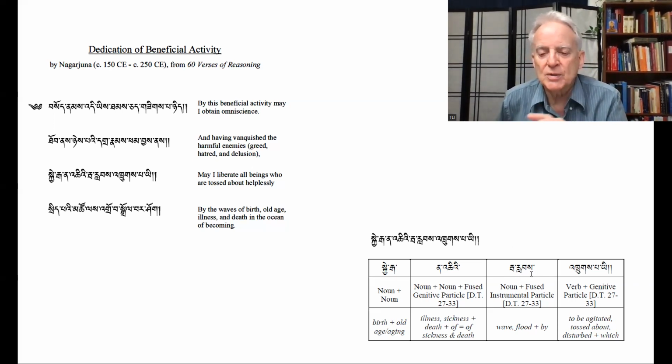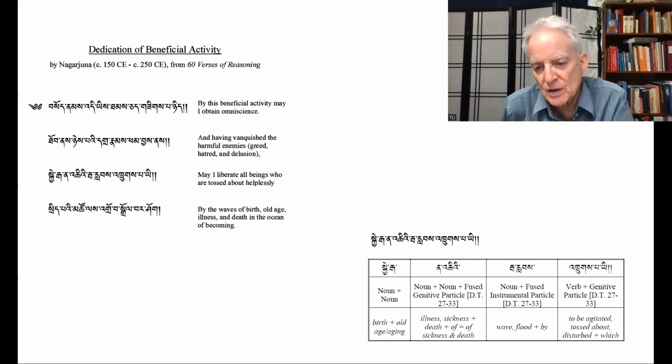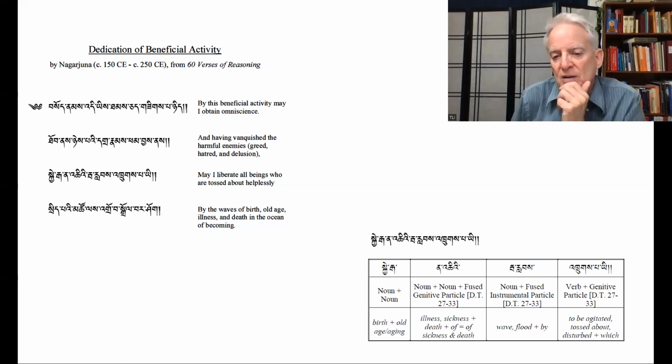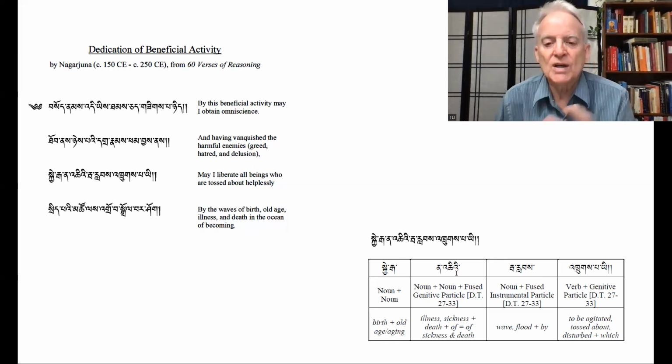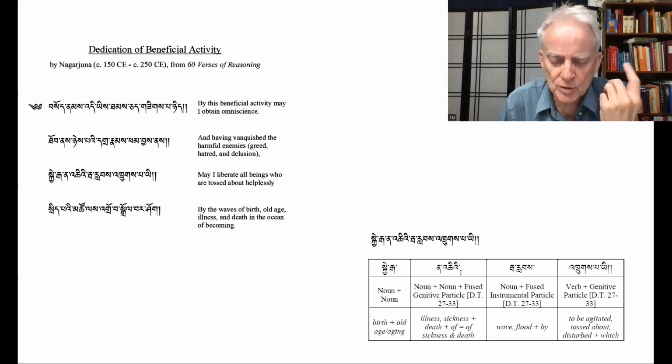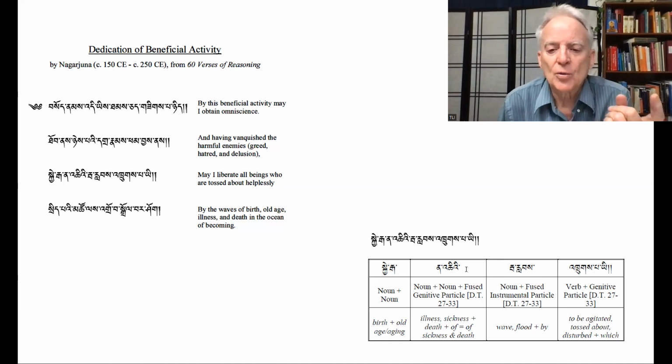The instrumental usually means by or with, as we saw above, something like that. So then we get by the waves. And then if we go backwards, we can make that agigui genitive make sense: by the waves of birth, aging, illness, and death. When we translate a list of terms, we translate them into English in the same order as they occur in Tibetan.